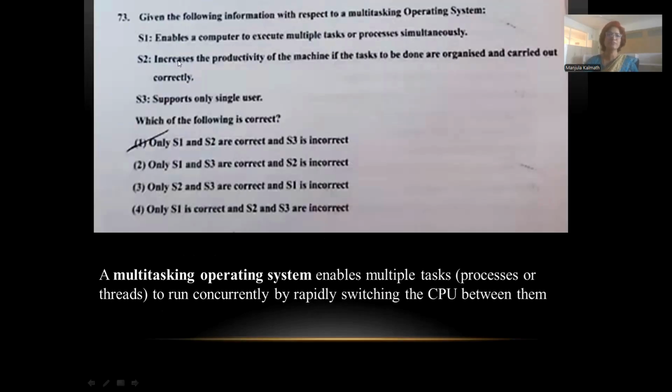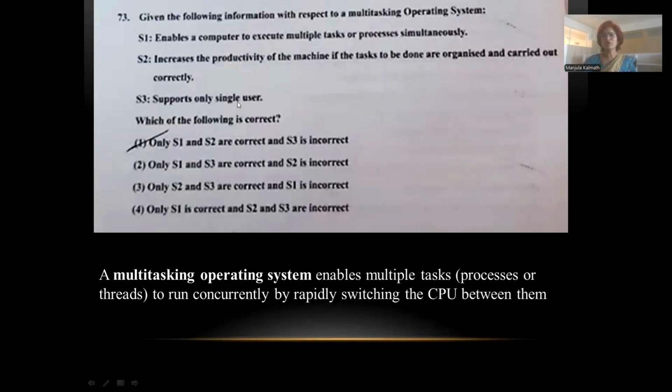The next question is, given the following information with respect to multitasking operating system. S1 enables a computer to execute multiple tasks or processes simultaneously. Second, it increases the productivity of the machine if the tasks to be done are organized and carried out correctly. And third, it supports only a single user.